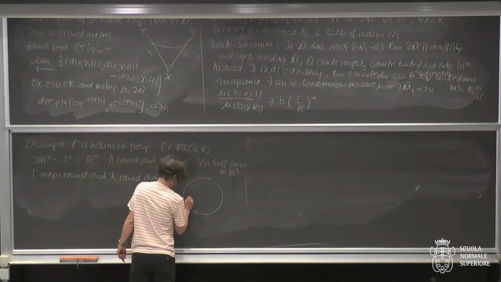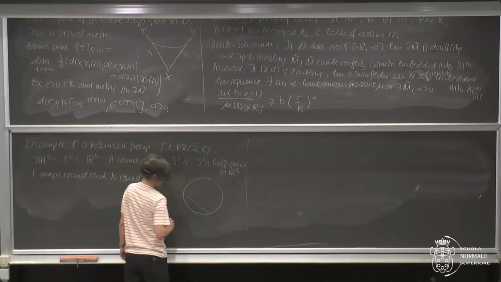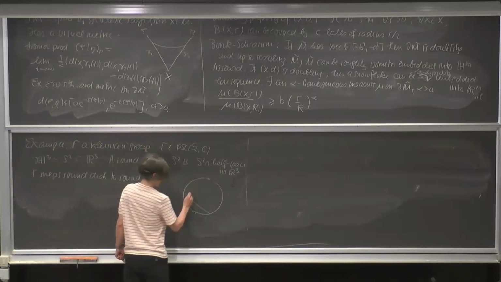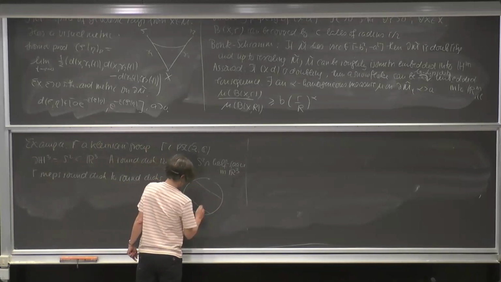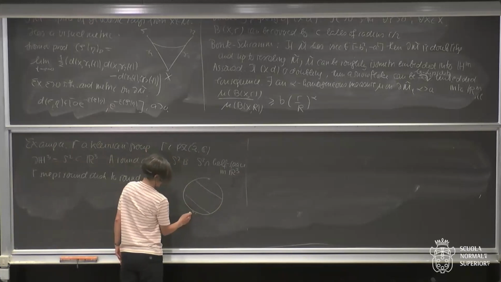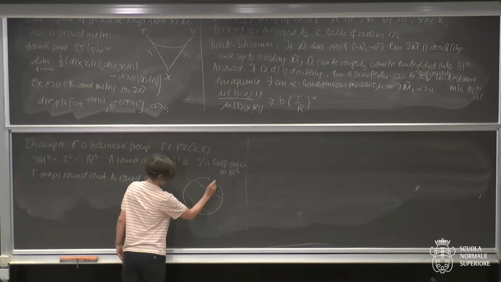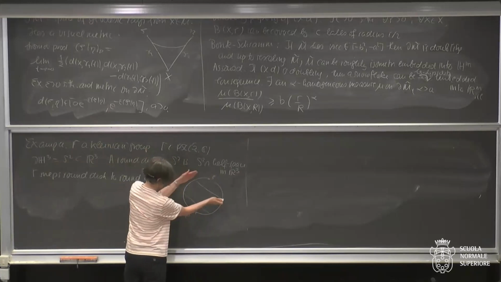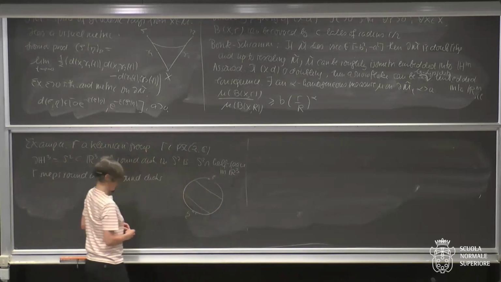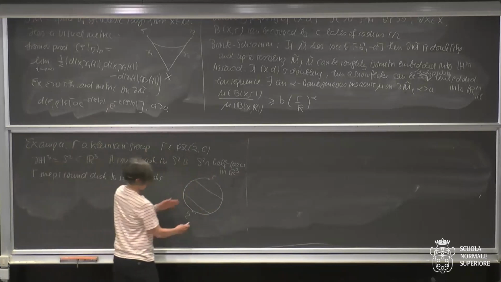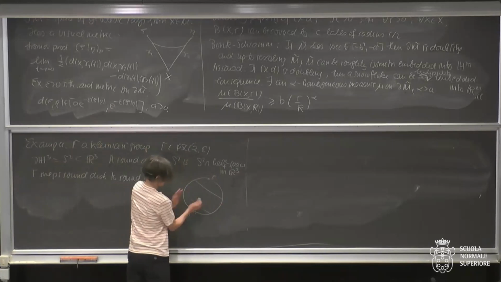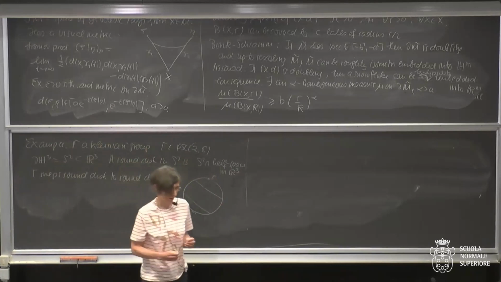There's what's called an isometric circle. An isometric circle is the boundary of a round disk. This is mapped isometrically to another circle, but the other circle may be very far away. This circle is very close to the repelling fixed point, which is eta, and it maps this isometrically. So the length of this circle in the round two sphere is the same as the length of this circle here.